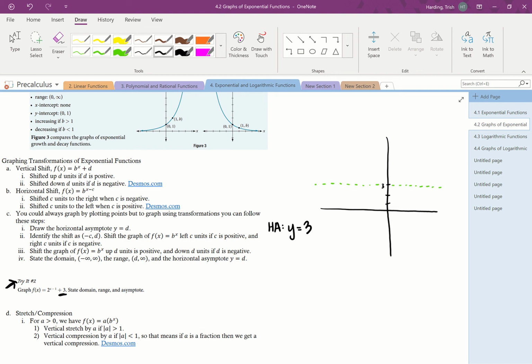The shift here, the c is 1. So it is 1, so it will be moved to the right by 1.